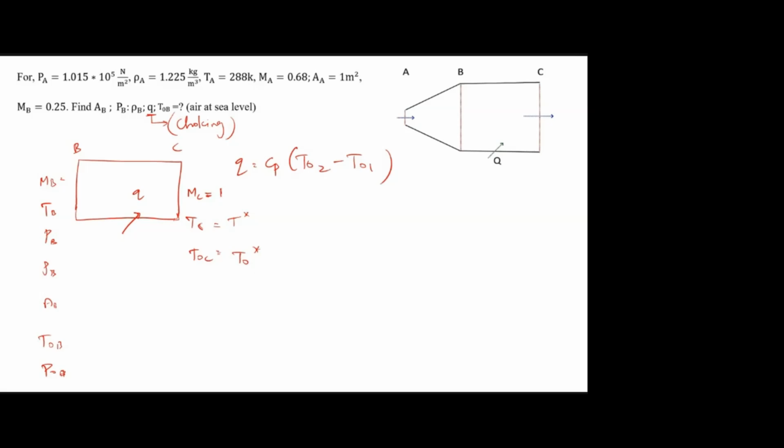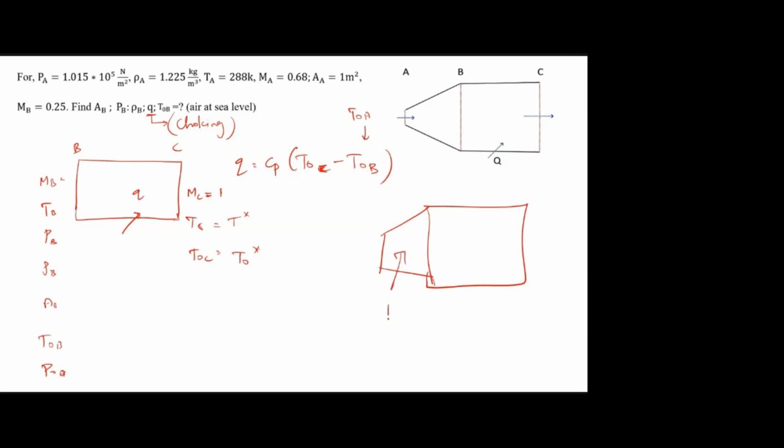So if you write the exact formula, it would be T naught C minus T naught B. T naught B is already found, which is equal to T naught A, and T naught C, which is equal to T naught star, we have to find.